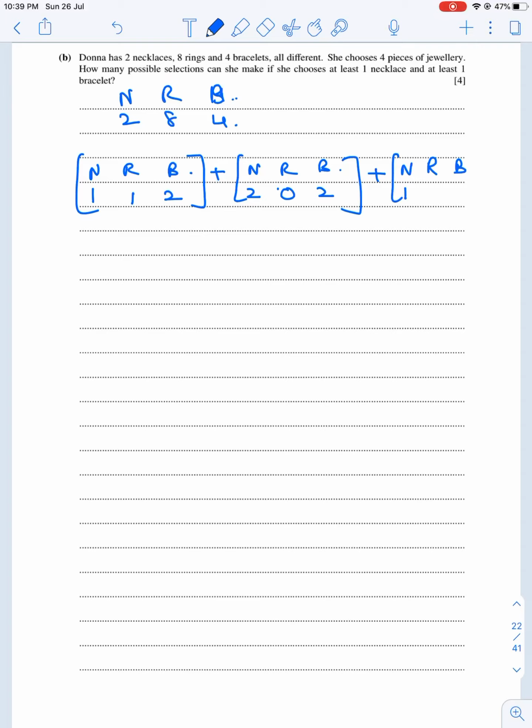She can choose 1 necklace, 2 bracelets, and in that case she will have to choose 1 ring. Lastly, if she chooses 2 necklaces and 1 bracelet, in that case she is supposed to choose 1 ring. You cannot take any other case apart from this.